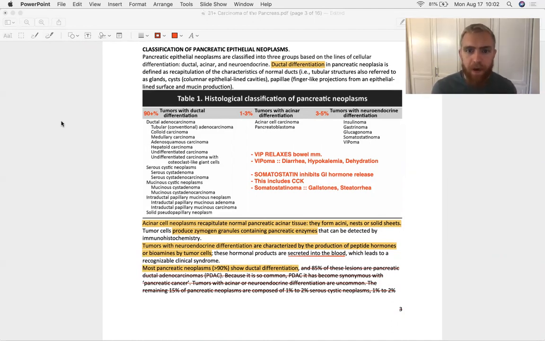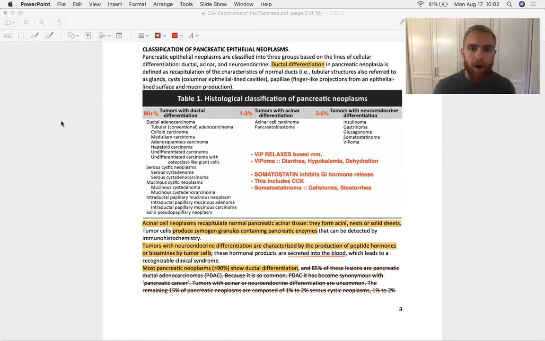So VIP is vasoactive intestinal peptide, and it relaxes smooth muscle of the bowel. And this is the same VIP that's going to facilitate relaxation of the lower esophageal sphincter to let food into the stomach. So if you have a VIPoma that's making way too much VIP, what that means is that your bowels are dilated and atonic and they cannot contract.